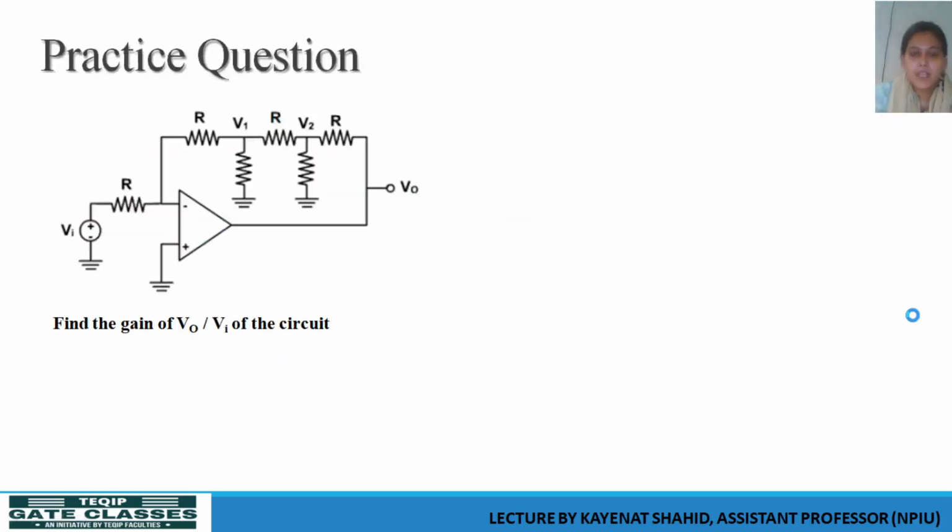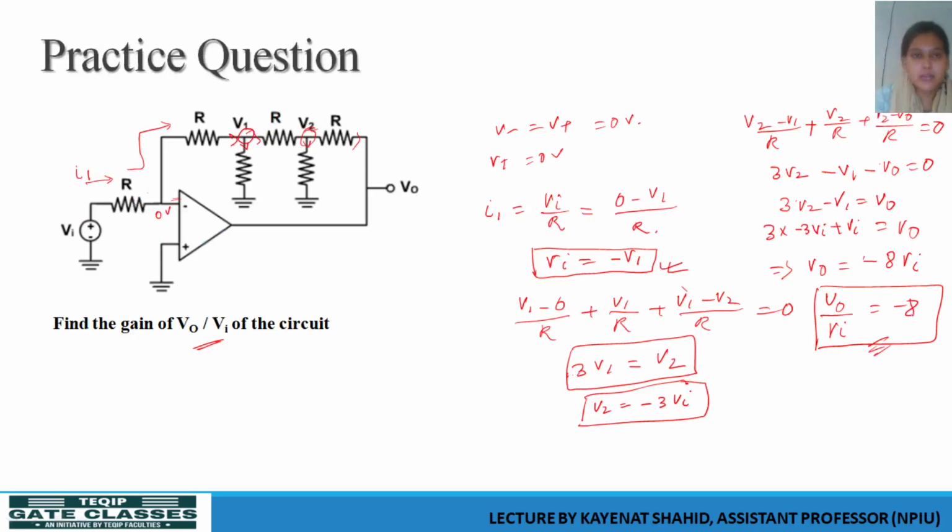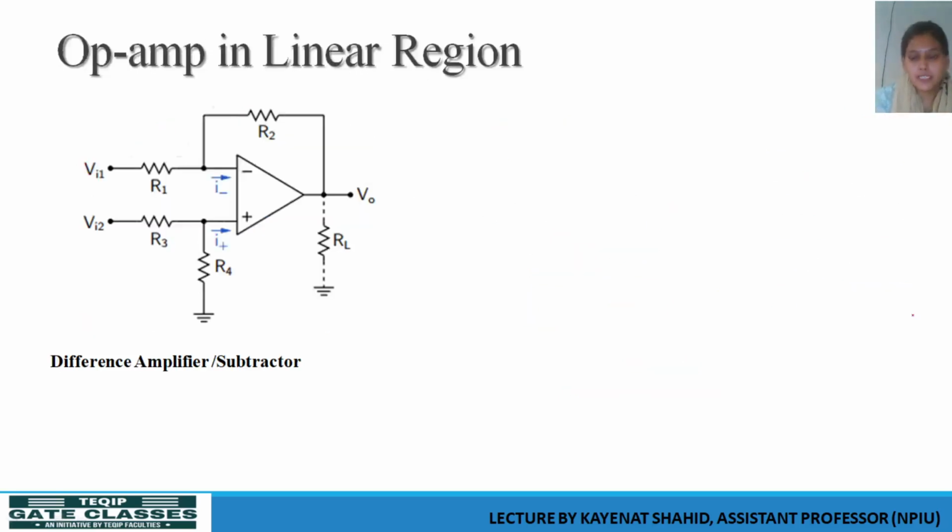Okay, so till now we have talked about circuits where one terminal is grounded and we are applying a signal at the other terminal, it can be minus or plus. Like this is V1 and this is grounded.